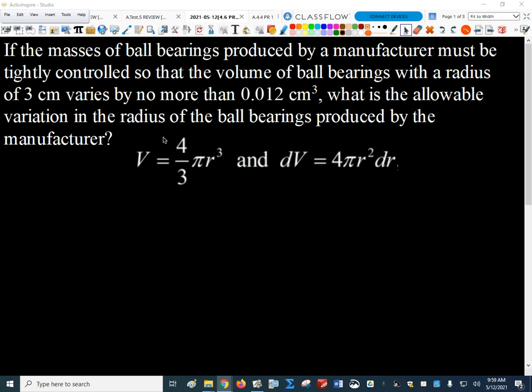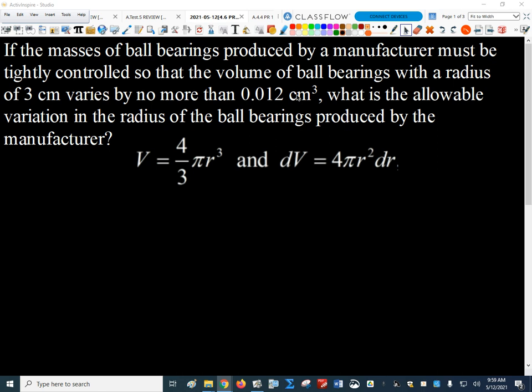In this case, they're not asking for a relative error, right? They're not asking for a percentage or anything like that. They want to know what is the variation in the radius, period. We're not concerned about what percentage, we just want to know how much the radius can vary if the volume can vary by no more than 0.012 cubic centimeters.